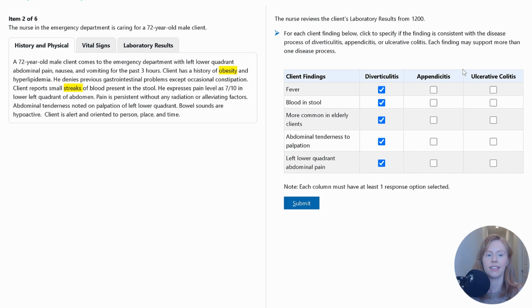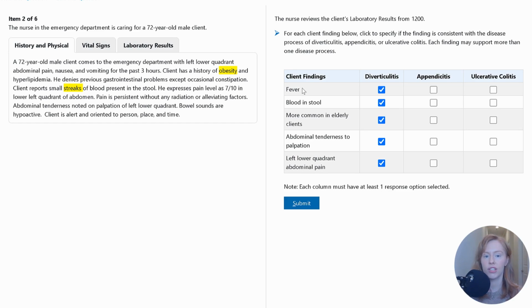For appendicitis, same thing. Appendicitis is going to be in the right lower quadrant, if you remember, McBurney's point, where the appendiceal lumen gets obstructed either by lymph tissue or feces. Same sort of idea: that obstruction starts to build up pressure, inflammation, and infectious material behind it, with the fear that it might rupture.